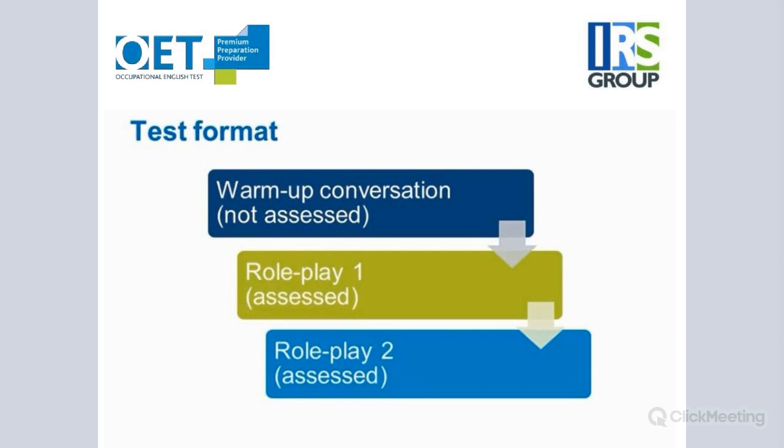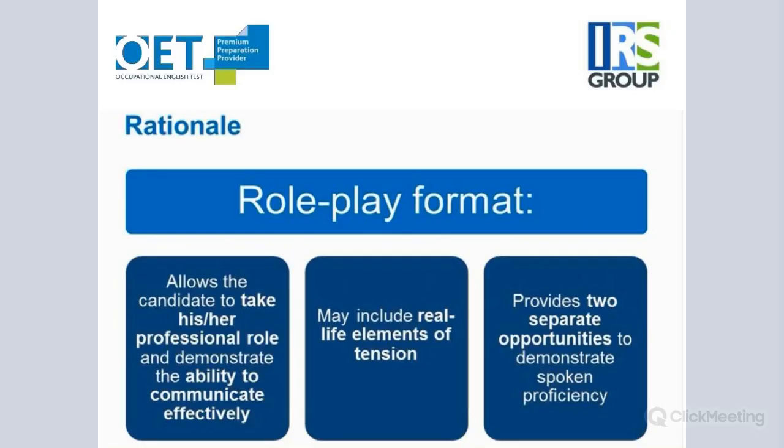And also, after you finish with role play card one, you will be starting with role play card two. Again, that also would be assessed. Okay, these are the two things which are assessed as part of your speaking by OET. Okay, so let's look at the role play format. What is it looking at?